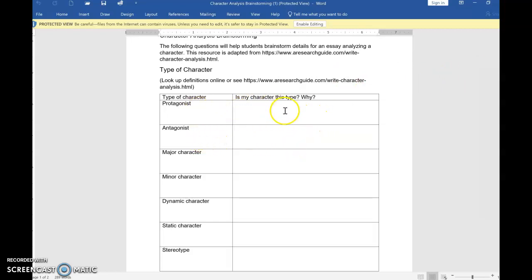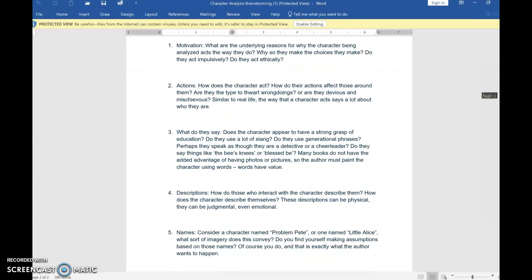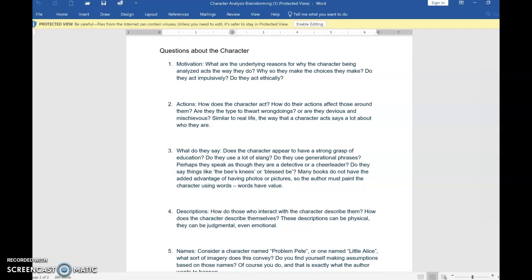So if your character is that type, then you would just note that they are that type and briefly explain why. If your character is not that type, you don't have to put anything. So if it doesn't apply to your character, just skip it. Okay, the second page lists some more detailed questions about the character.